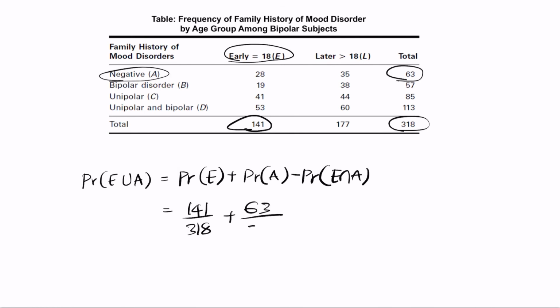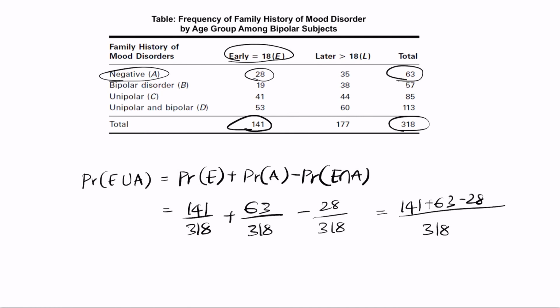So we have 63 by 380 minus the probability of E and A intersection, where E and A combined is 28. So we write minus 28 by 380. So that's going to be 141 plus 63 minus 28. That gives you a value of 176 by 380.